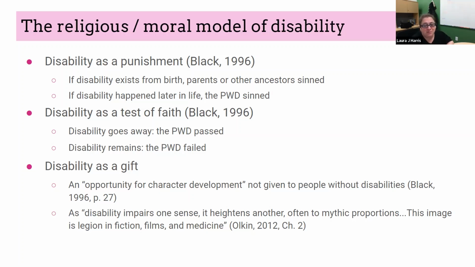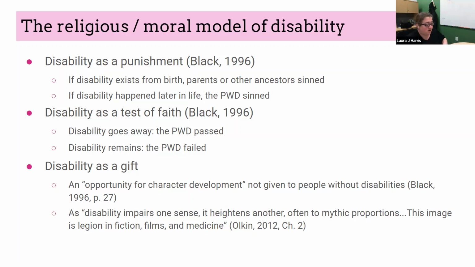And if the disability happens later in life, then it was the person with disabilities that sinned. Another way it was often viewed was that it was a test of faith. So if the disability went away, the person had passed this test of faith. And if it remained, they failed the test of faith, which is obviously kind of not an ideal way to look at disability.